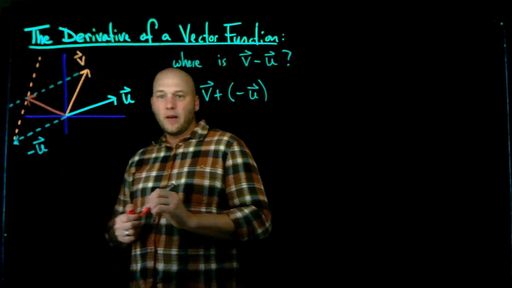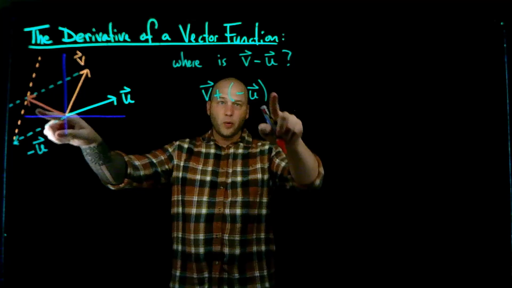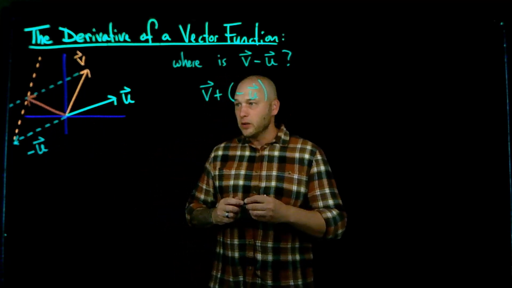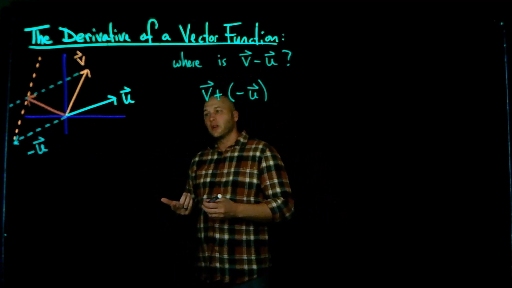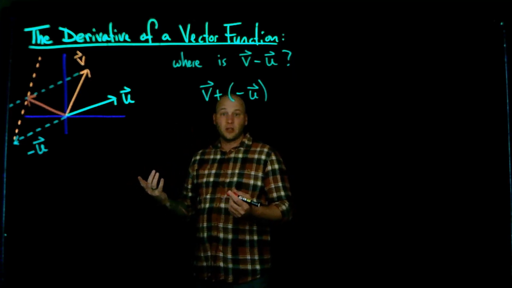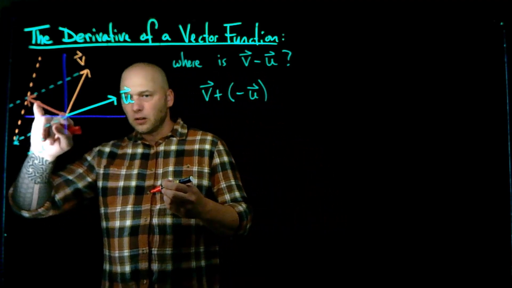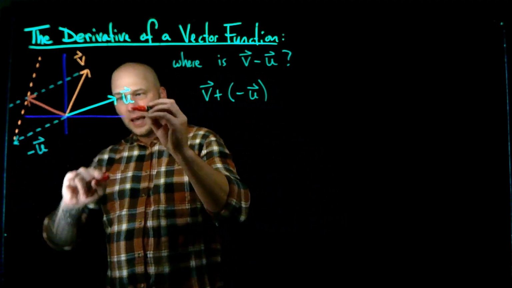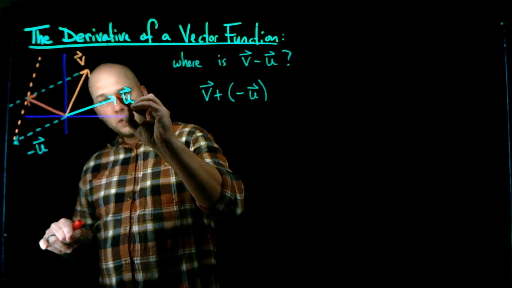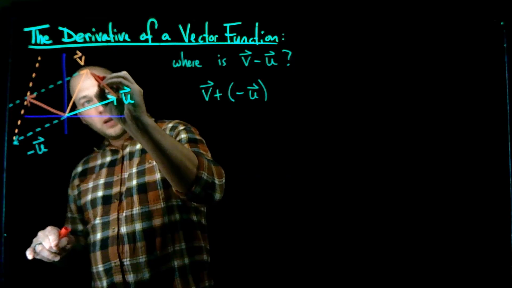So that vector that I just did right here, this is v plus negative u, or of course v minus u. Now here's the one property of vectors: I can slide them around as long as I don't change their length or direction, and they're equivalent vectors. So if I take this vector right here, I could slide it to right here.